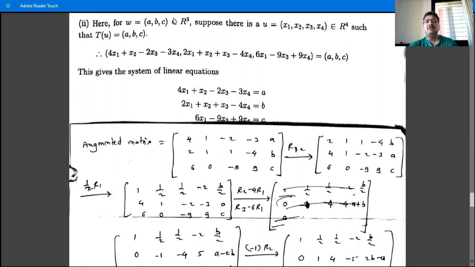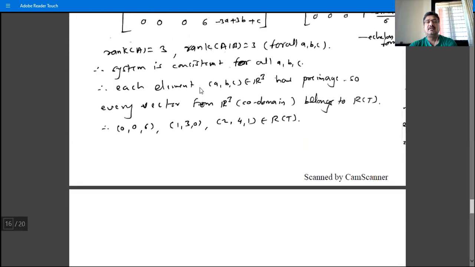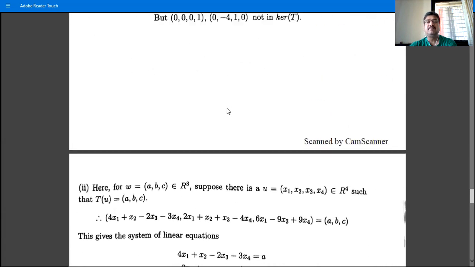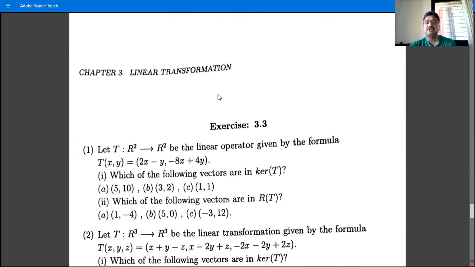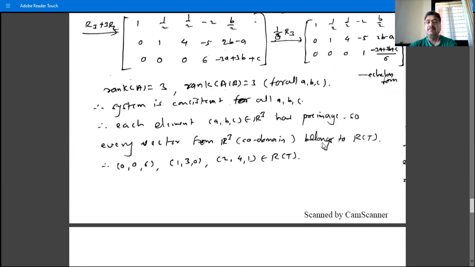That is, every element (a, b, c) in R3 has a pre-image. Every vector from the codomain R3 has a pre-image, which means every vector of R3 belongs to the range of T. Therefore the range of T is itself R3.